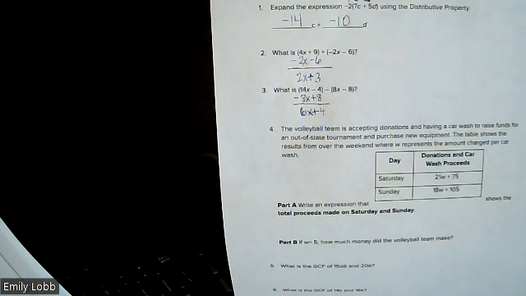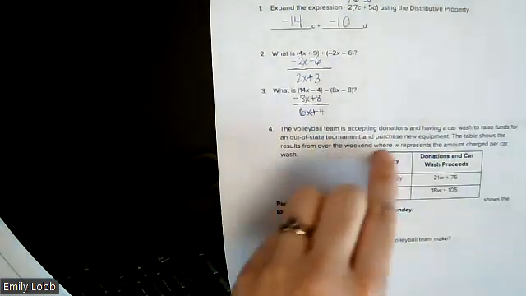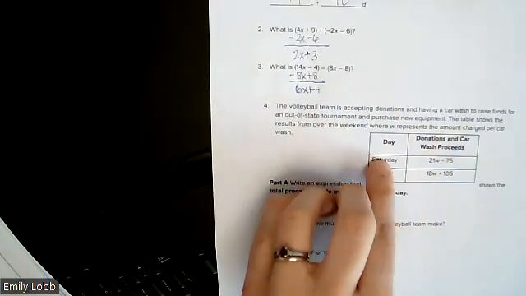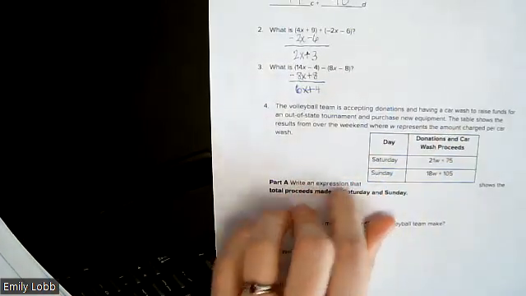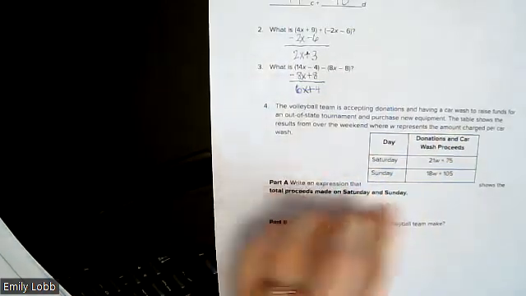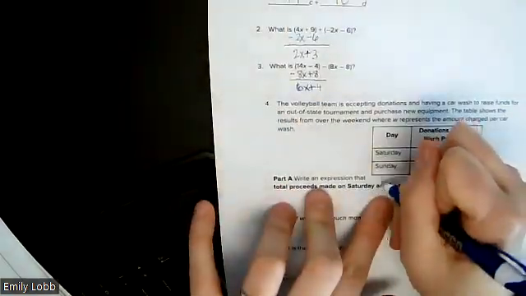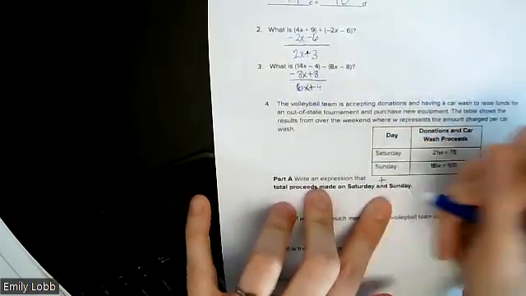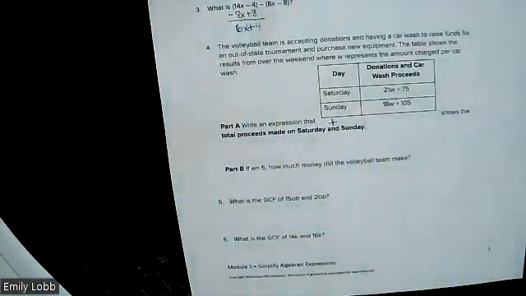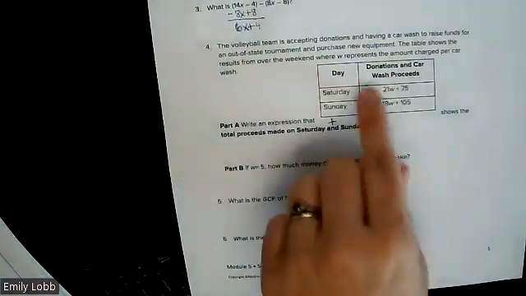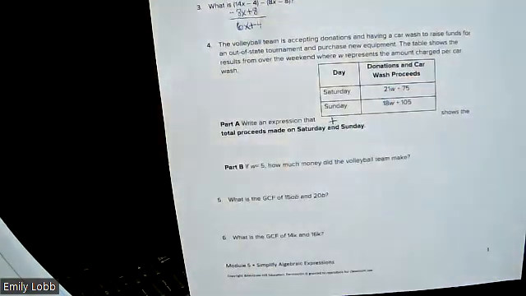All right. The volleyball team, yada, yada. Here's Saturday, here's Sunday. Write an expression that shows the total proceeds made on Saturday and Sunday. Here's your keyword: and. So we're going to add them. And guess what's beautiful? It's already lined up for us.